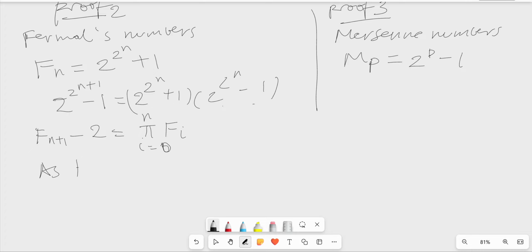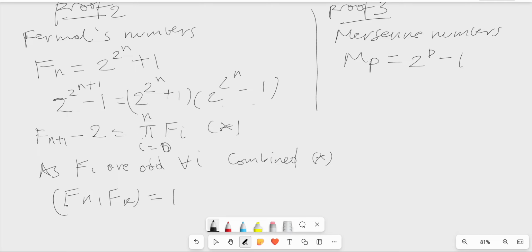As f_i are odd for all i, and by star, combined with this relation star, f_n and f_k are coprime, that is GCD equals 1, for k less than or equal to n.